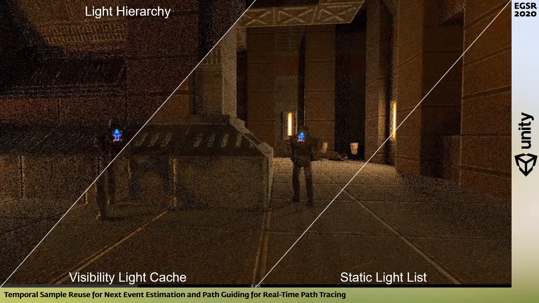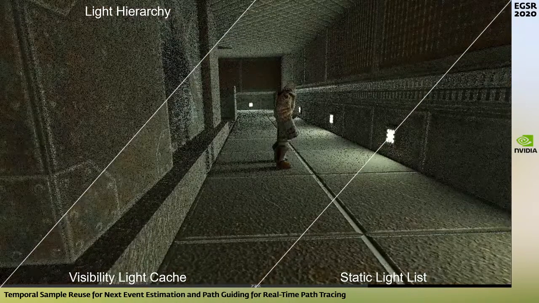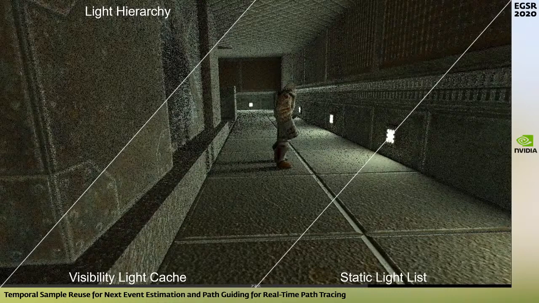Yes, often the static light list captures visibility pretty much as good as the visibility light cache, but keep in mind that we are still completely dynamic and the static light list relies on the BSP structure to account for spatial variation. In some instances, this actually plays off, so the static light list can be better because what we still have to do is our exploration sampling.